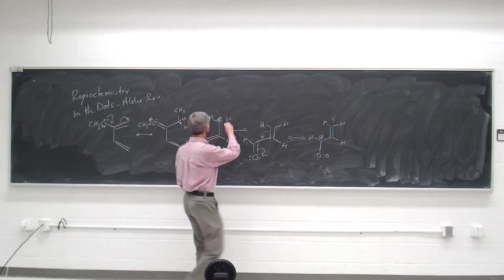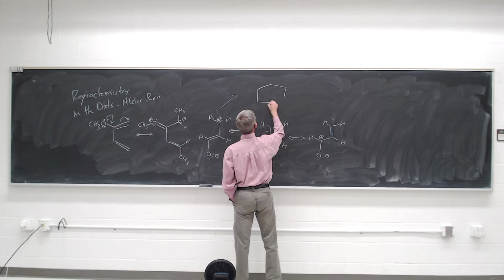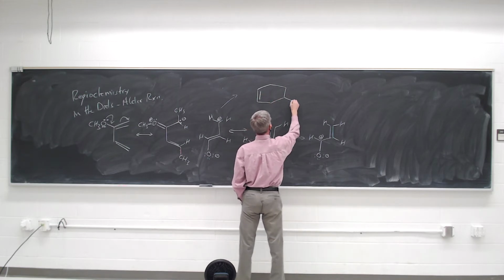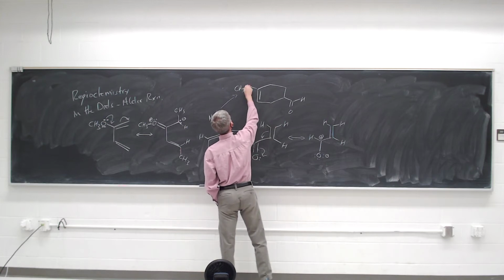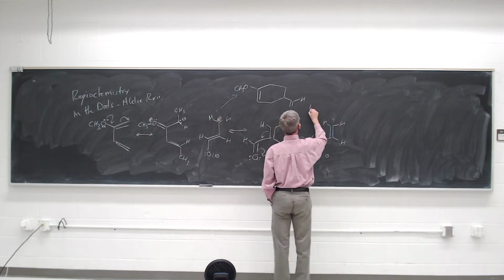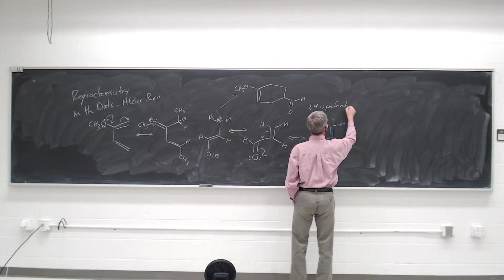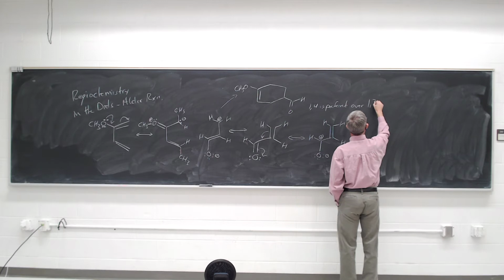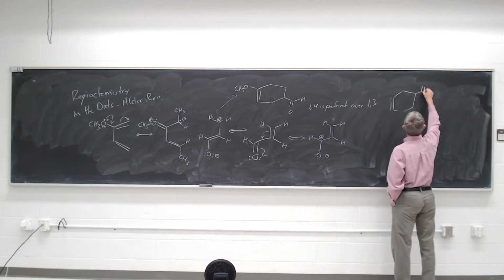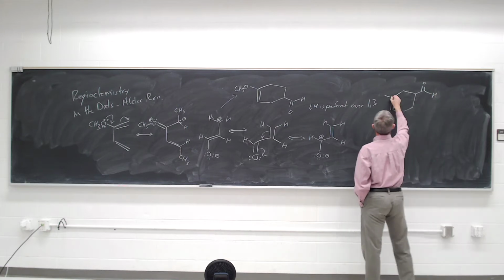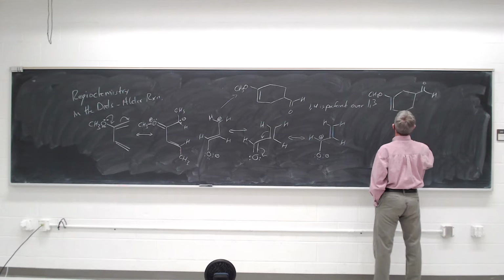So the product of this reaction is going to put the aldehyde and the methoxy in a 1,4 relationship. Rather than the other possible stereochemistry, something like that. So this one is not formed as much.